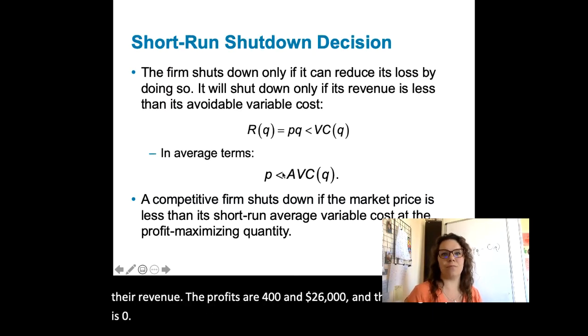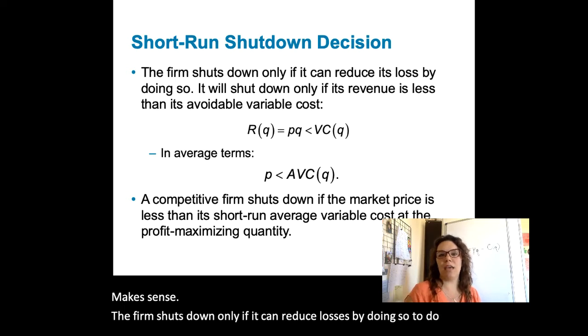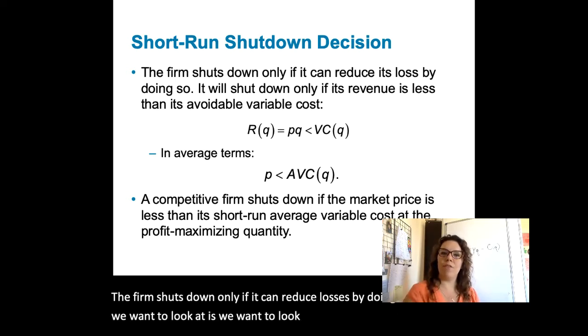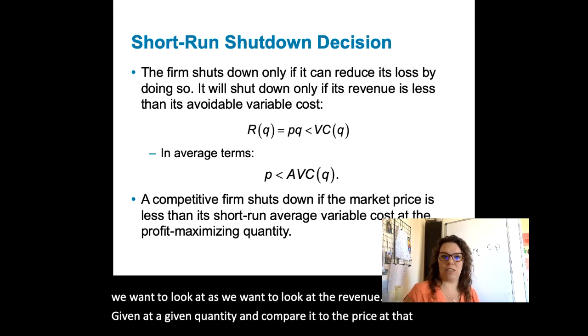Make sense? The firm shuts down only if it can reduce losses by doing so. So to do that, what we want to look at is the revenue at a given quantity, and compare it to the price at that quantity and the variable cost at that quantity.